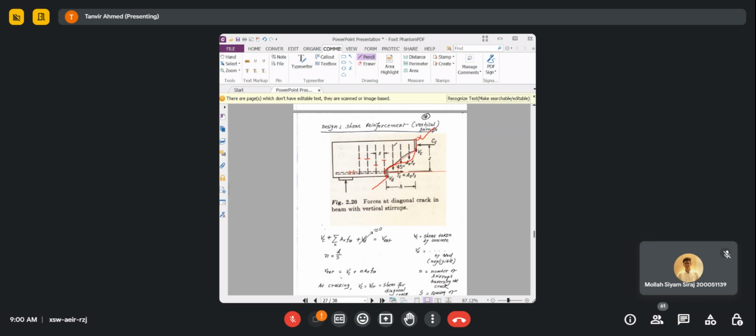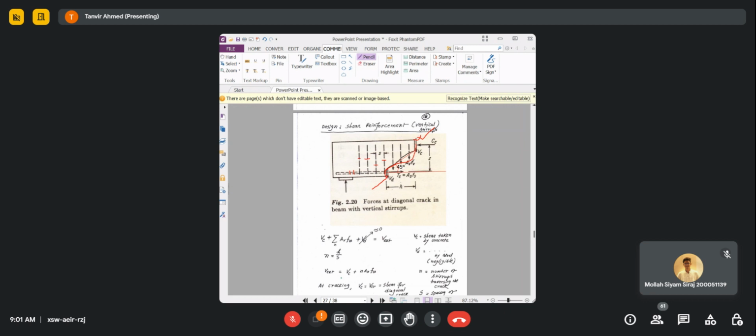If the shear stress in one stirrup is FV, and if the area of the stirrup, obviously the area of the two legs of the stirrup, is AV, then the shear force on one stirrup will be AV times FV.